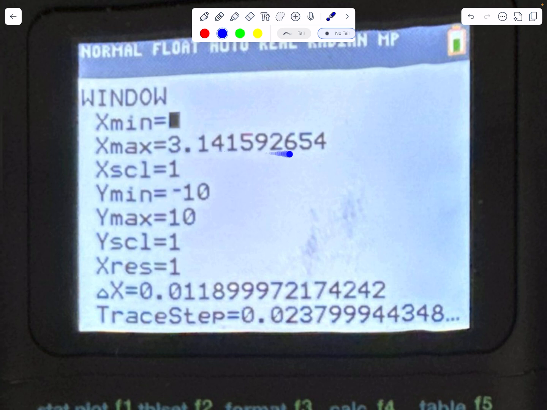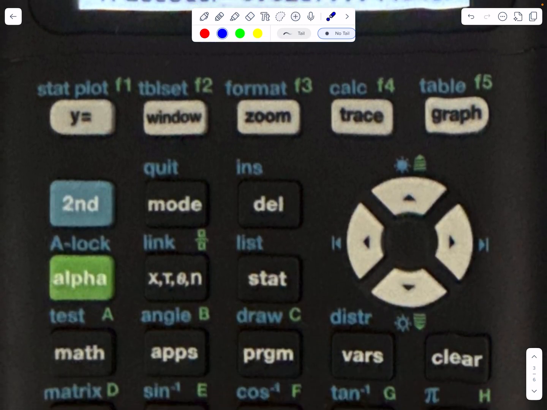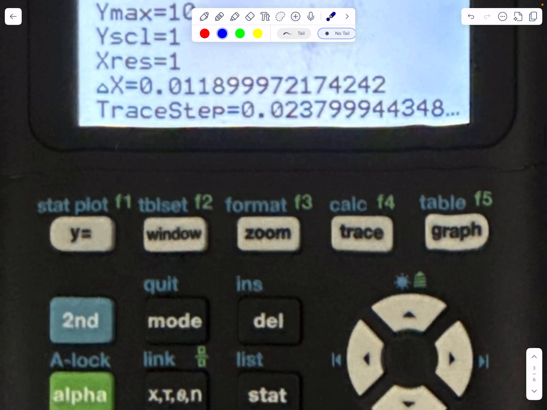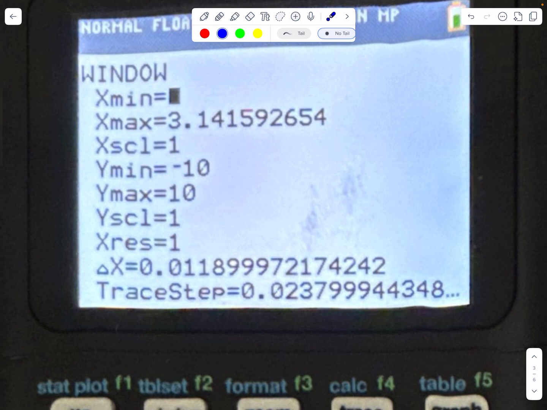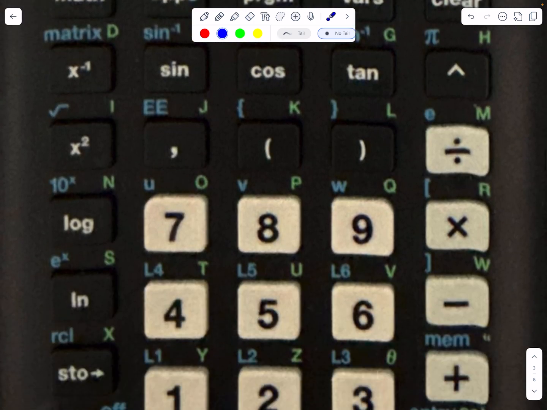For the x max, we put pi. When I put pi, I press second caret, and this is what appears on the screen. I don't change anything else, and then I hit graph. And when I do that, this is what the graph becomes.